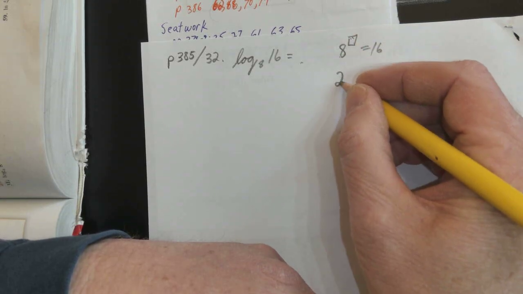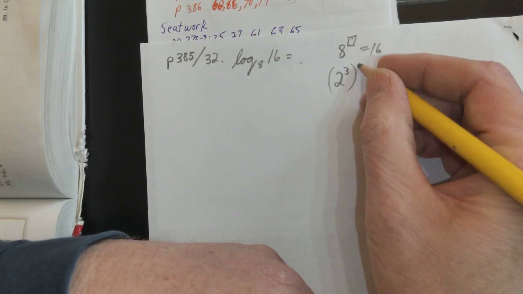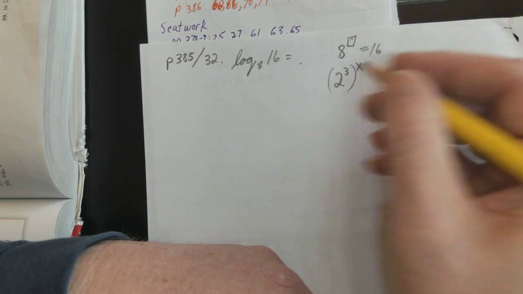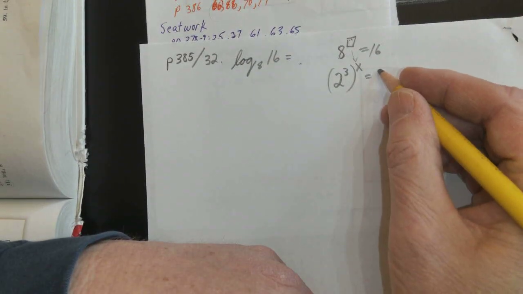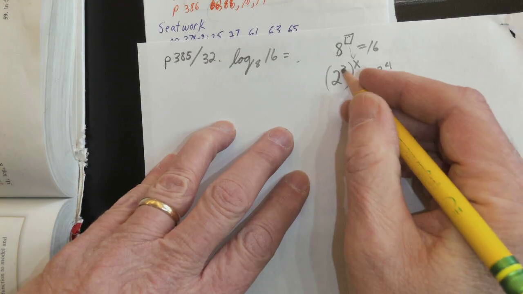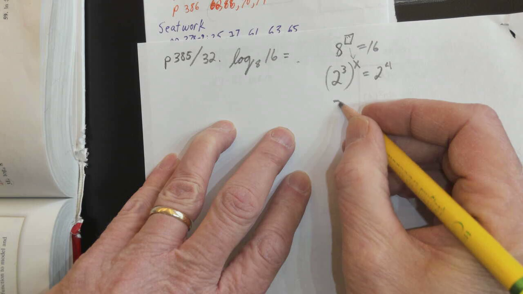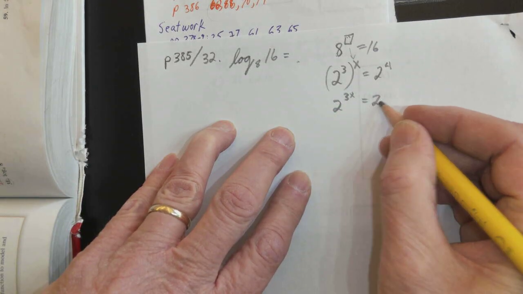So what I'm going to do is 8 is 2 to the third, and I'm going to just use x where the box was, and then 16 is 2 to the fourth. Now we got a common base, and power to a power, we multiply exponents. That's 3 times x is that exponent, and that's 2 to the fourth.